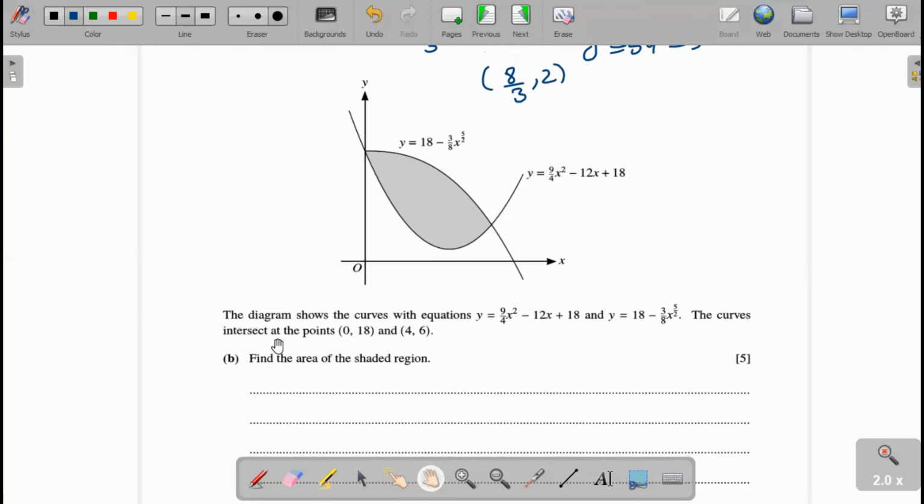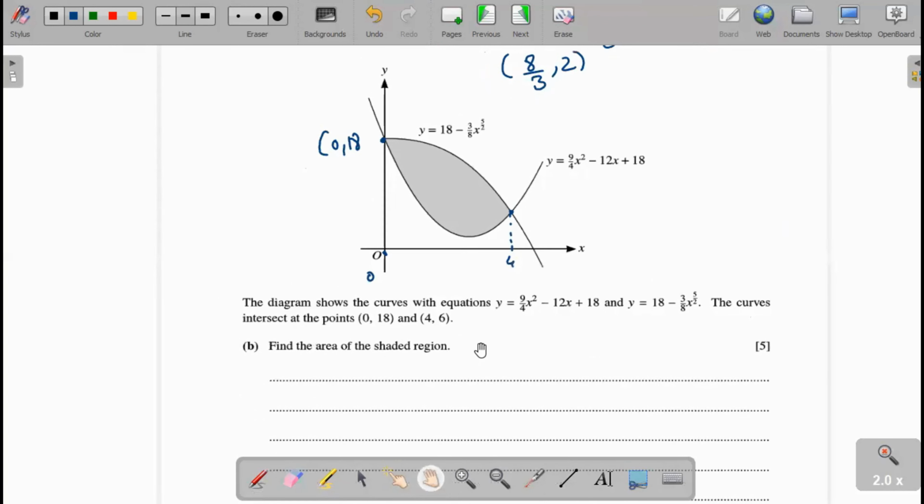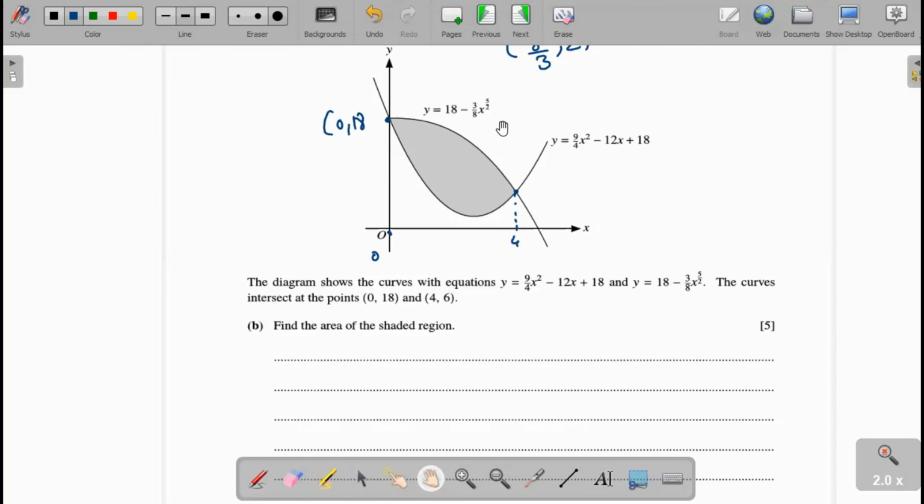The curves intersect at the points 0, 18 and 4, 6. Now you find the area of the shaded region. To find the area of the shaded region, we integrate both curves and take the difference.